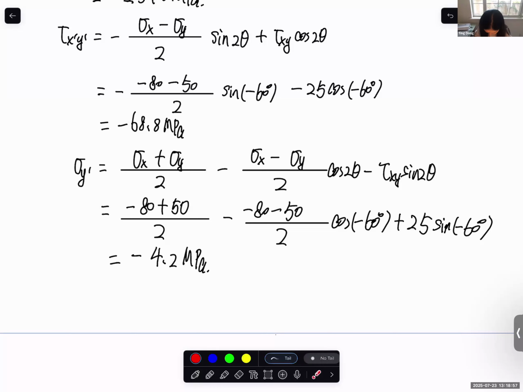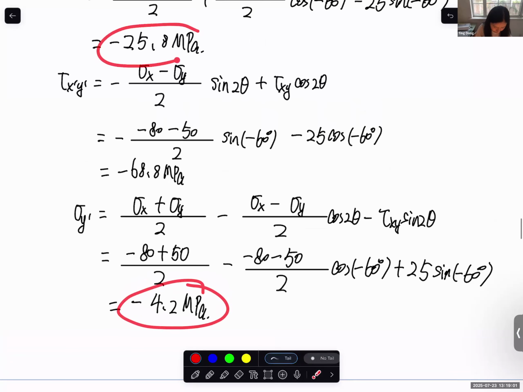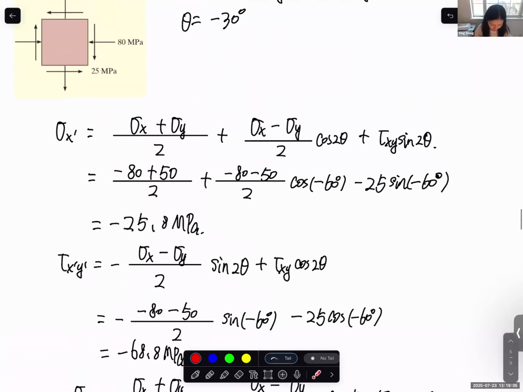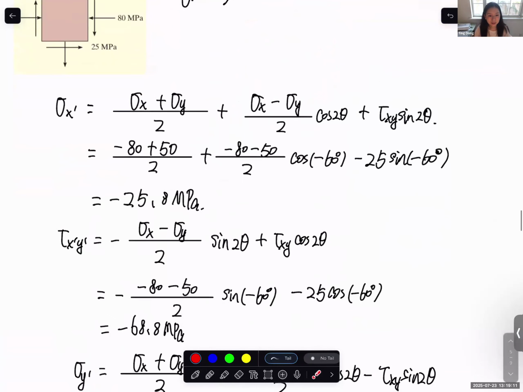And you can see that this one plus this one equals negative 30, and sigma x plus sigma y equals negative 30. So we are correct, right?